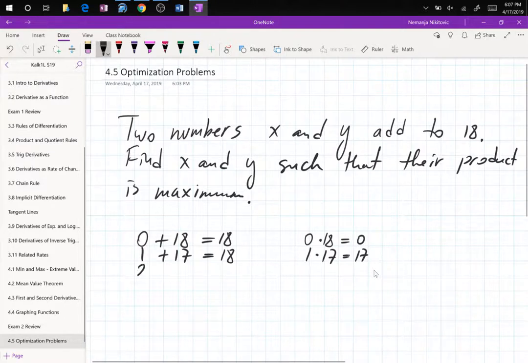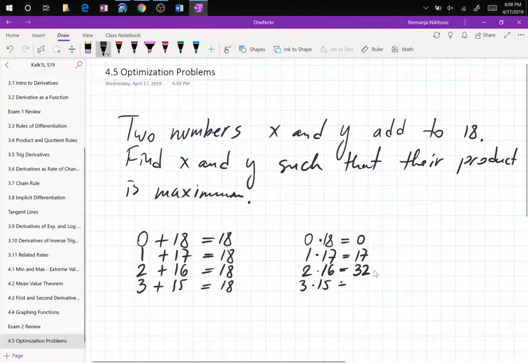And then you say, okay, well, let's try 2 plus 16, because that's also 18. And now 2 times 16 gives us 32. And that's even better. 3 plus 15 is also 18. 3 times 15 is 45.